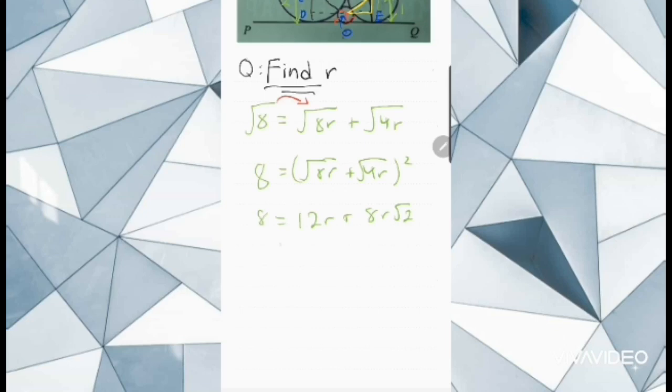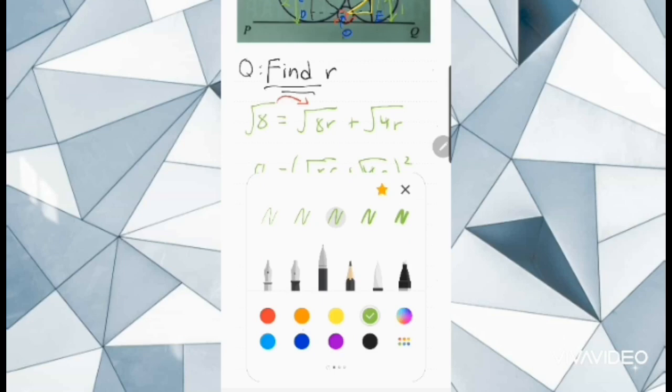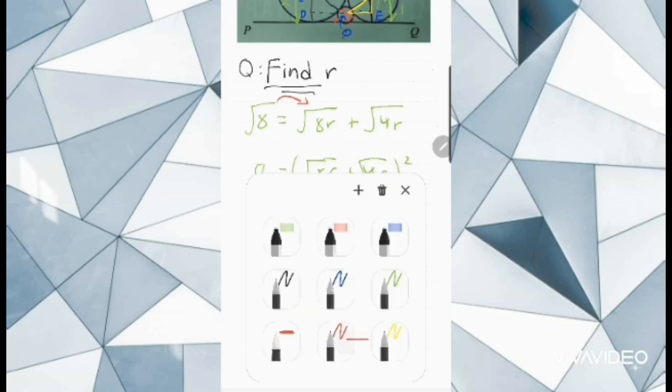We want to find R, so now we must factorize the R first. Now transfer the 12 plus 8 surd 2 to the other side and we will get R equals 8 over 12 plus 8 surd 2. And this is the answer.